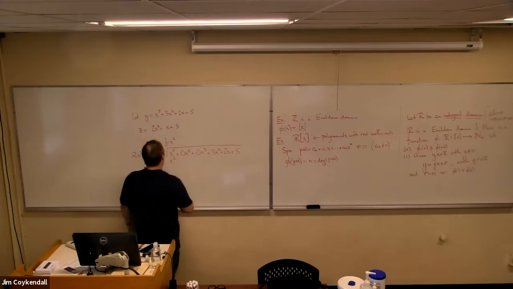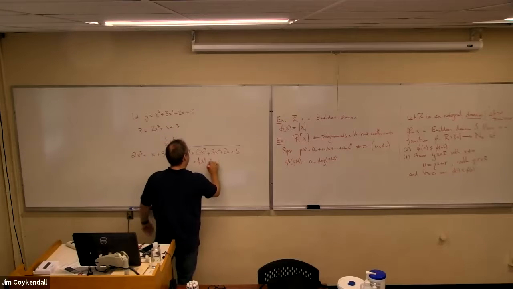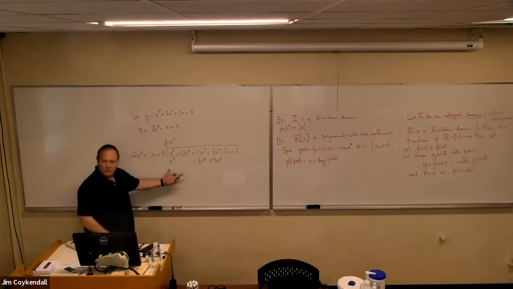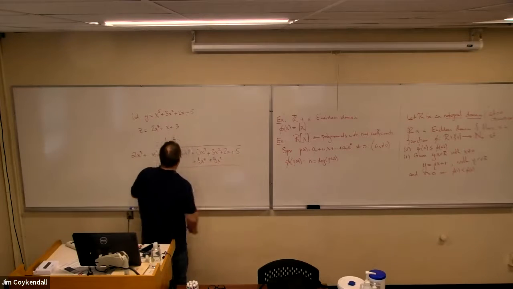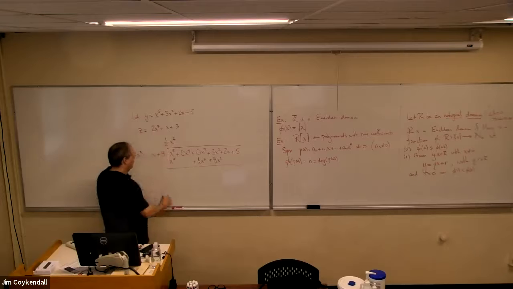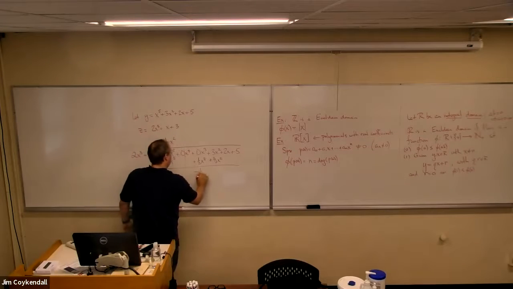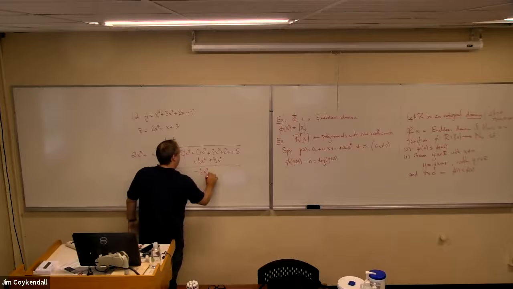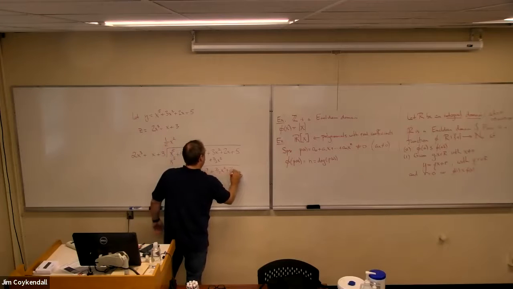Then I'm going to have a 1/2 x cubed. And then I'm going to have a 3/2 x squared. So I'm doing this just like I would have done division when I was in grade school. Subtract, that gives you a 0. This is all 0. This gives you minus 1/2 x cubed plus 3/2 x squared plus 2x plus 5.